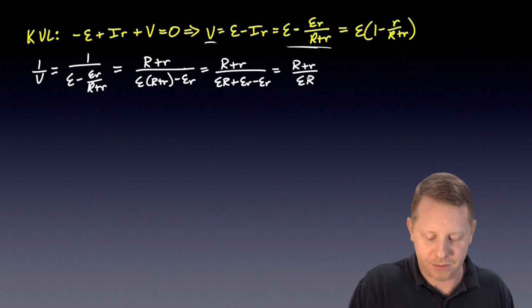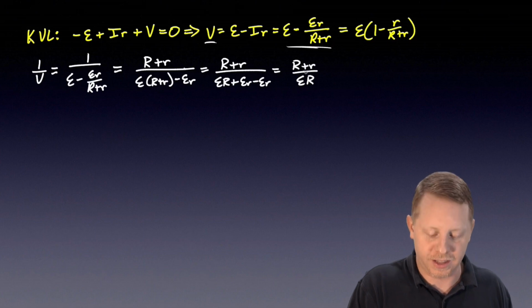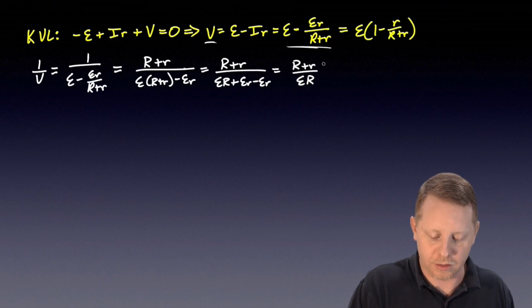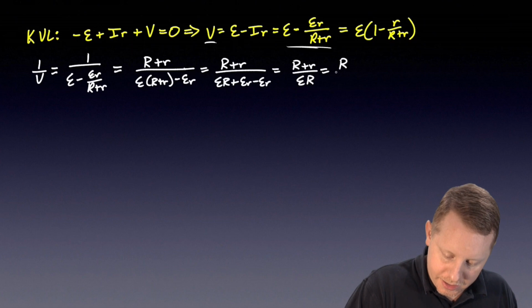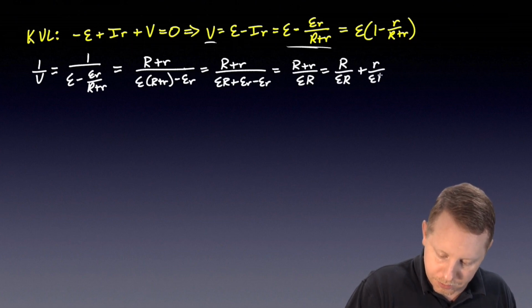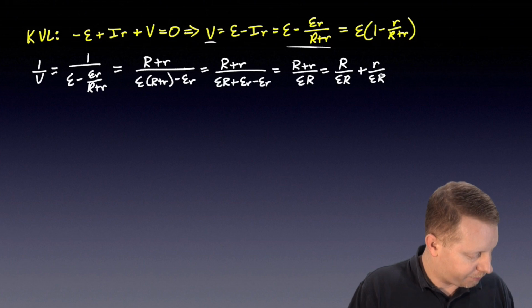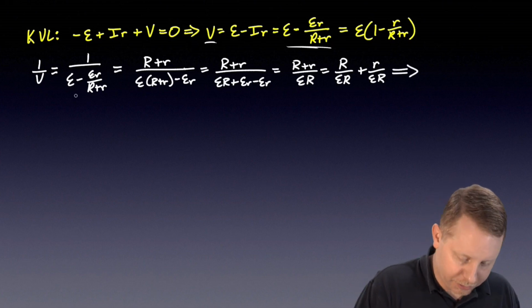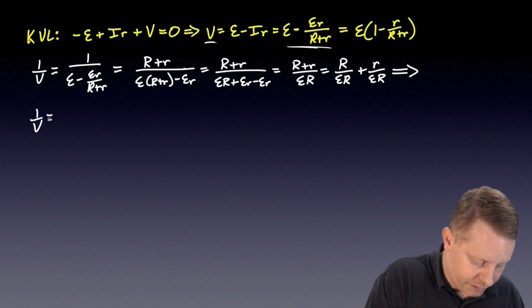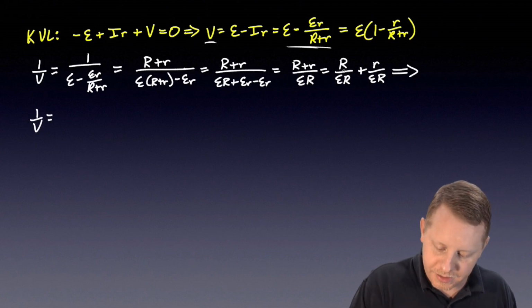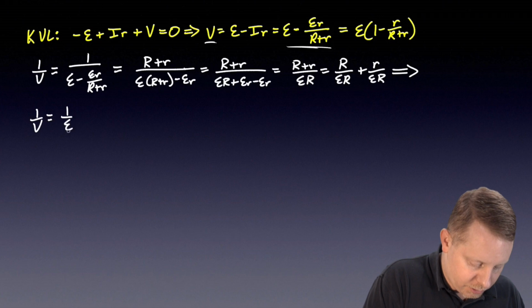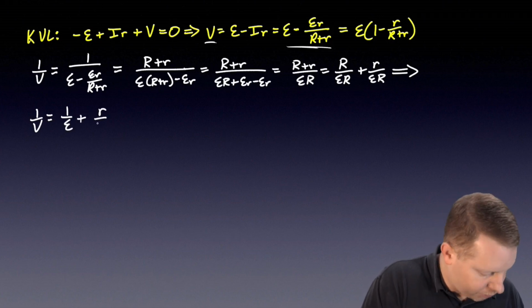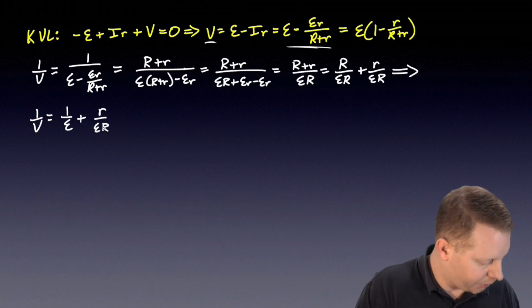Okay, we've got this in the form of one fraction. Let's split it up: R over ER plus little r over ER. So that will be capital R over ER plus r over ER. Now, if I go another step further, this is still all equal to 1 over V, which is 1 over our EMF, 1 over E, plus r over ER.